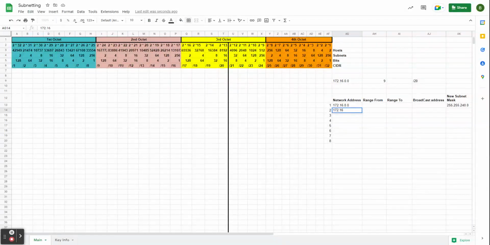Slightly different on this one. 172.16.0.0 this time, because again we're using a Class B. 172.16.16.0, 172.16.32.0, 172.16.48.0, 172.16.64.0, and so on. I'm not going to fill them all in. Hopefully you catch my drift from now on.